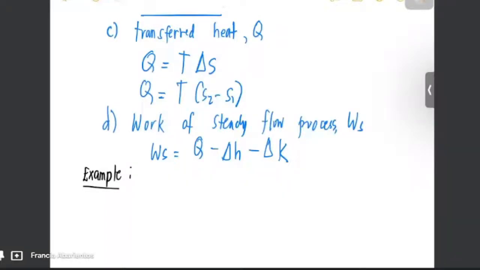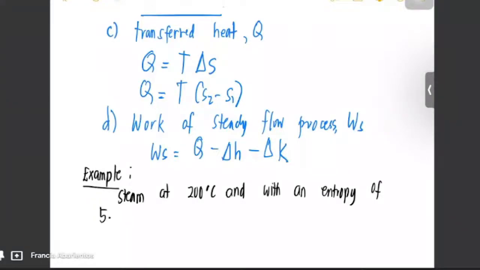So, steam at 200 degrees Celsius and with an entropy of 5.6105 kilojoule per kilogram Kelvin.